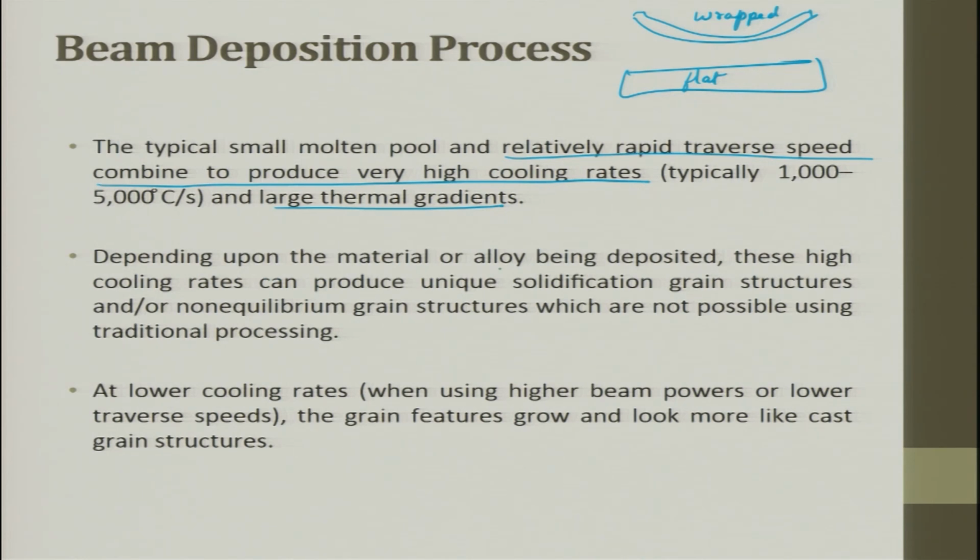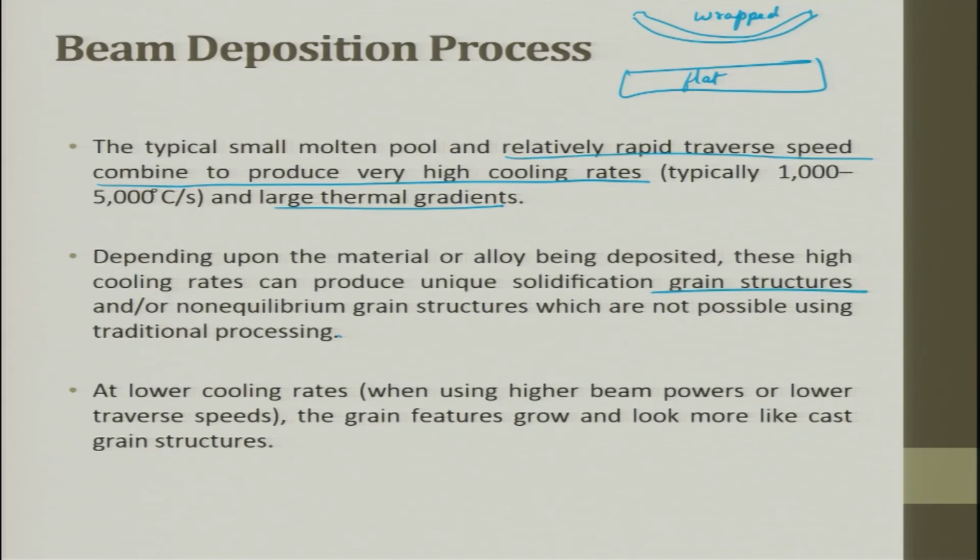Depending upon the material or the alloy being deposited, these high cooling rates can produce unique solidification grain structure and or non-equilibrium grain structure, which are not possible using the traditional process. So, we know by extracting the heat, you can try to dictate the grain structure.